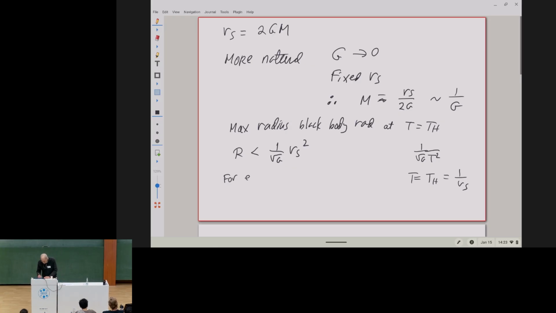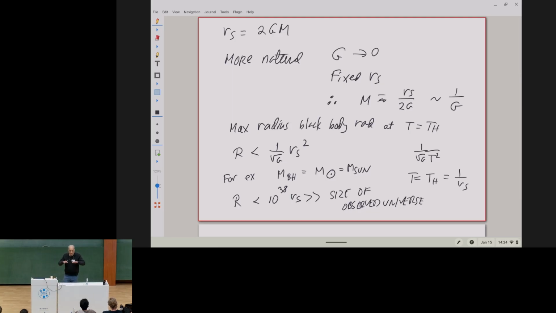And for example, if the mass of the black hole is the mass of the sun, then R is less than 10 to the 38 times the Schwarzschild radius of the black hole, which is much bigger than the size of the observed universe. So you can't have perfect equilibrium with black hole radiation going off to infinity in Minkowski space, but you can come very, very close to that.